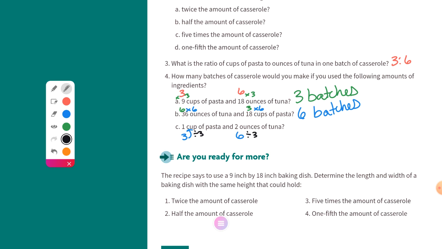How many batches? 1/3. Why, Dom? Because one batch is 3 to 6. But I have one batch divided by 3. So 1/3 of a batch.